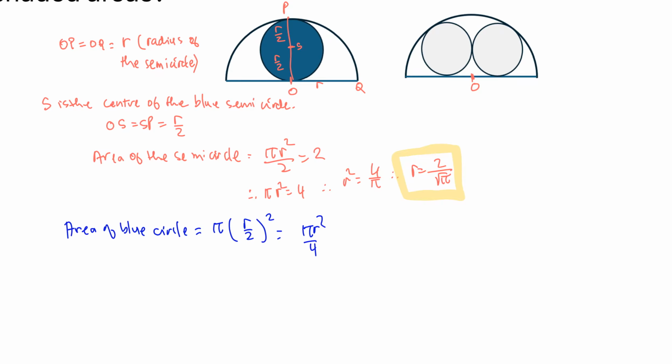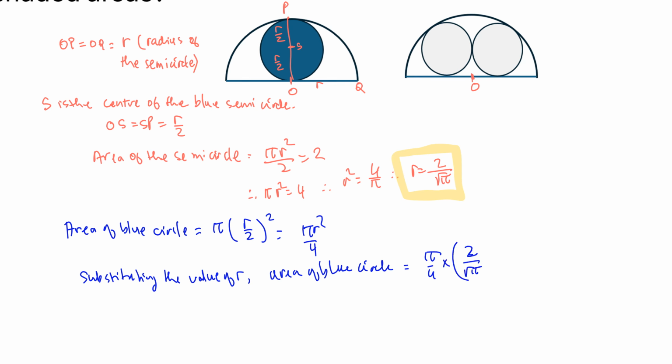Substituting the value of r, we get area of blue circle is equal to pi over 4 times 2 over root pi, whole squared, and that is pi over 4 times 4 over pi, that is equal to 1.